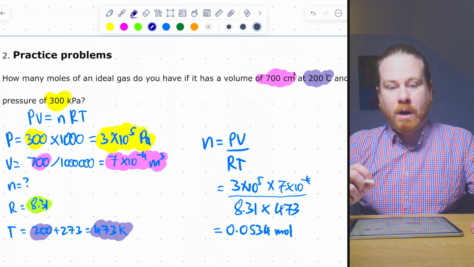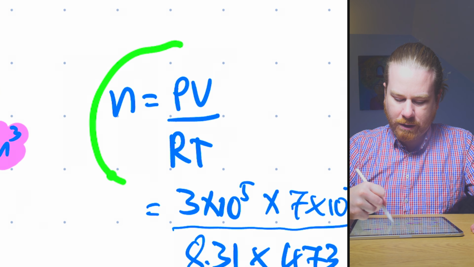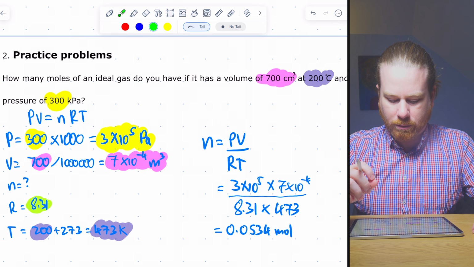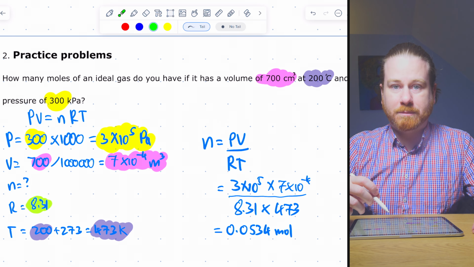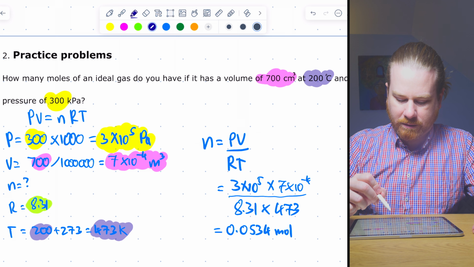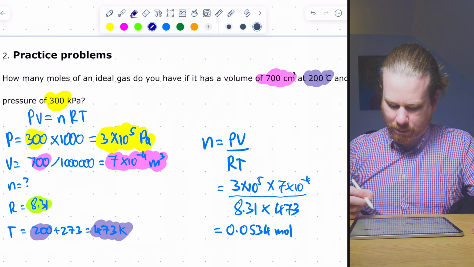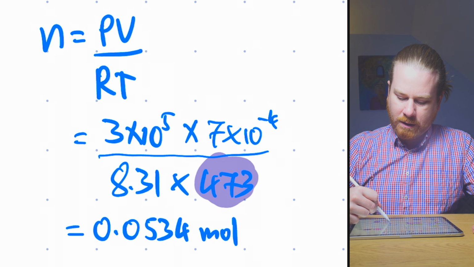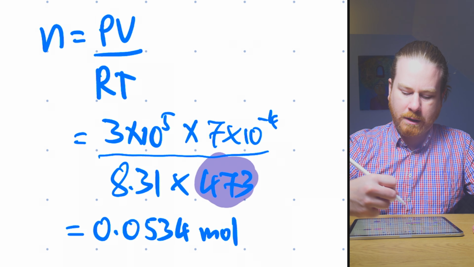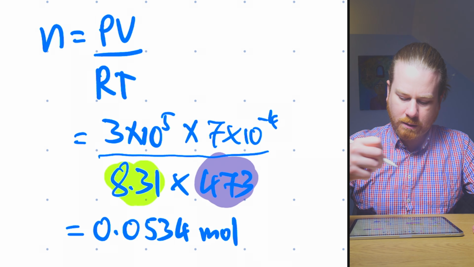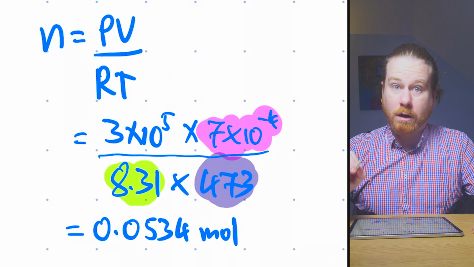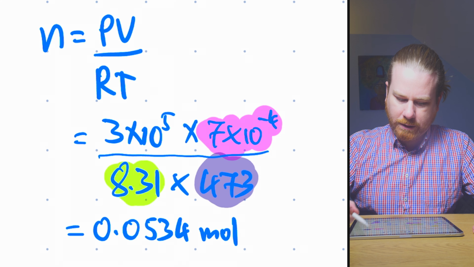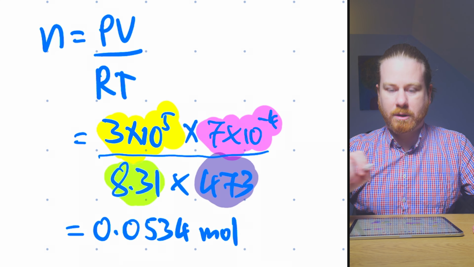I have just rearranged the equation so it is now equal to the number of moles, and then we just put the numbers in, which will give us our answer. Let's work through the numbers backwards. Here's our temperature value, the gas constant, then our volume, and the pressure.